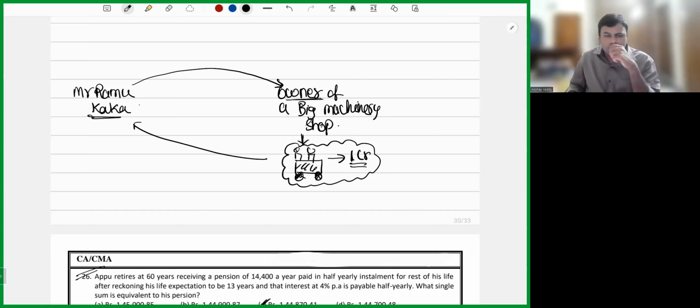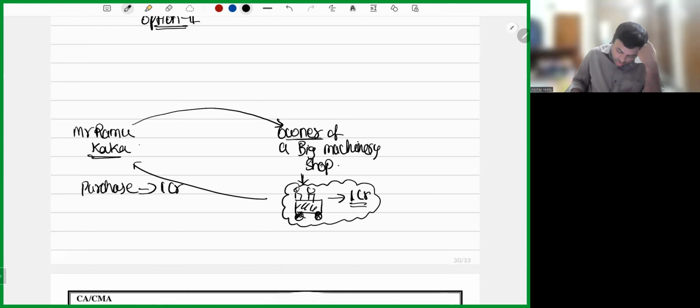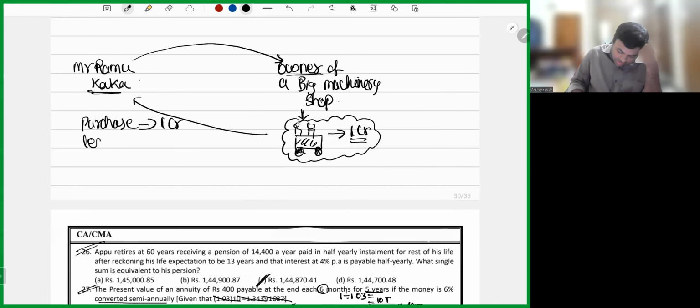Now, Ramukaka will sit and think, dude, if I purchase the machine, it will cost 1 crore rupees. If I take it on lease, every year I need to pay him 10 lakh rupees at 10% rate, for 16 years.